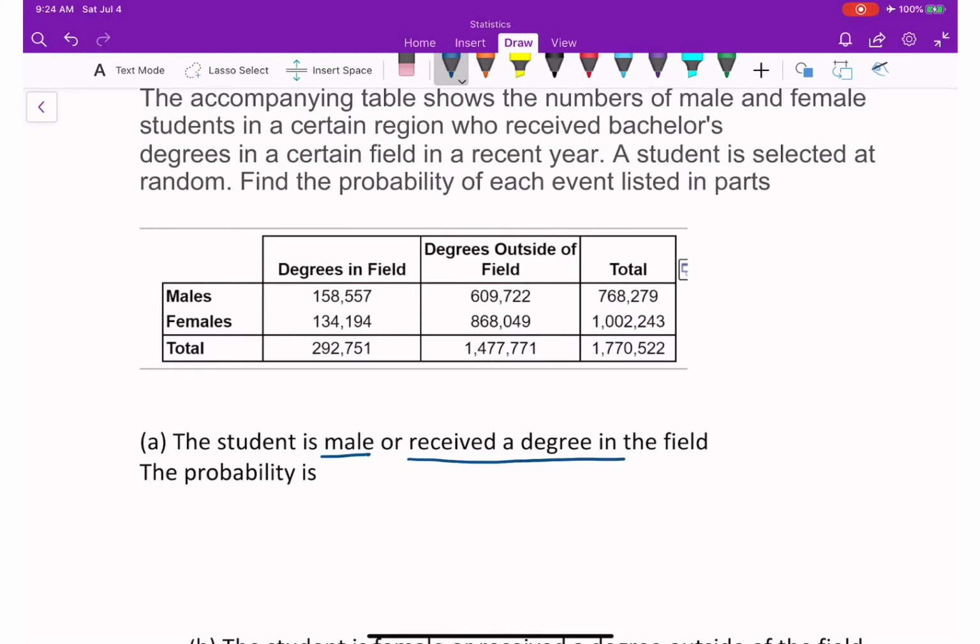So what's the probability of male here? Male or degree, right? Probability of male, since we have "or," plus the probability of degree in the field.